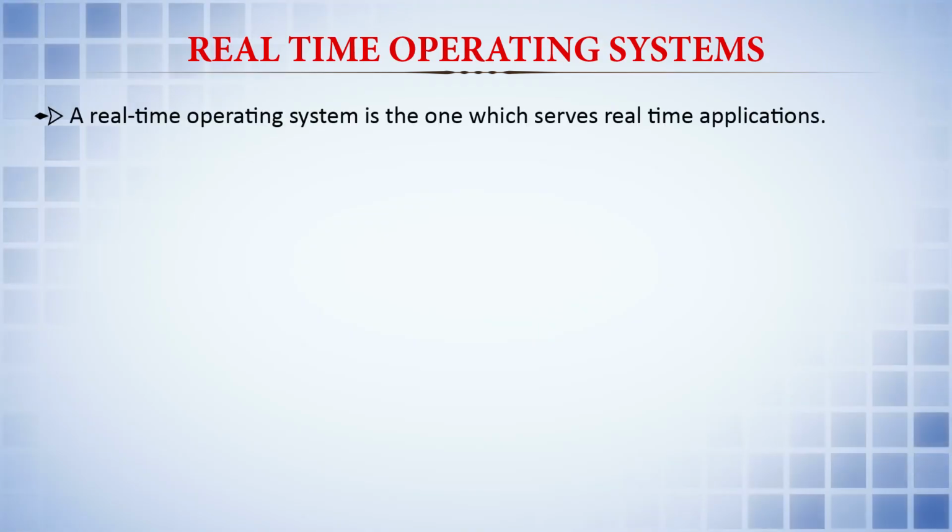A real time operating system is the one which serves real time applications. So, obviously, whenever the real time word is there, we will be looking for an immediate response or immediate reactive operation. These immediate reactive operations are possible using the RTOS.